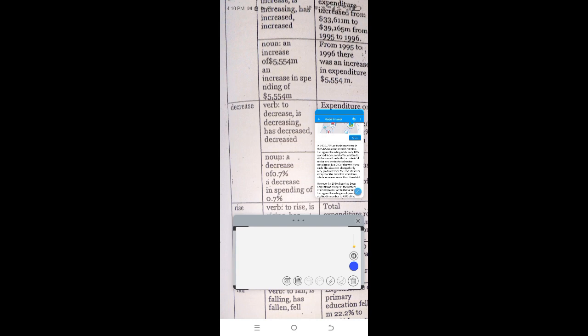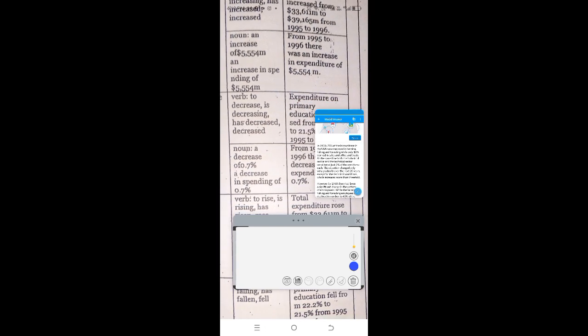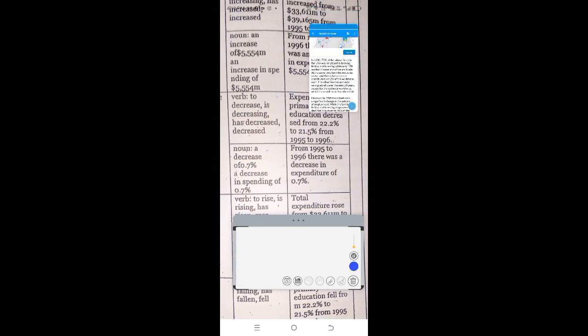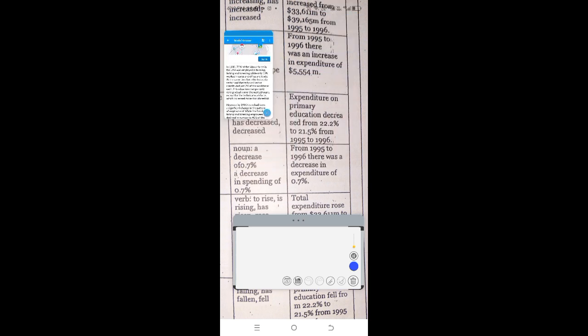Then if it is decreasing, you can use the same example. Expenditure on primary education decreased from 22.2% to 21.5% from this year. This is how you put it. Can you see the value? Not only is the value there, but also the way to put it.